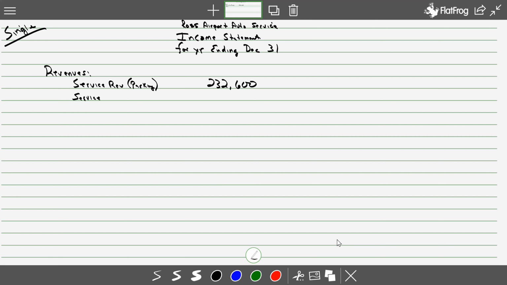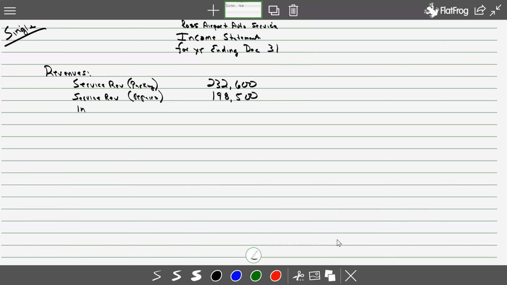We also had service revenue for repairs, which was $198,500. Those were our two major revenue categories. We can mark those off our sheet. They've been used now. But we also had one more over here.